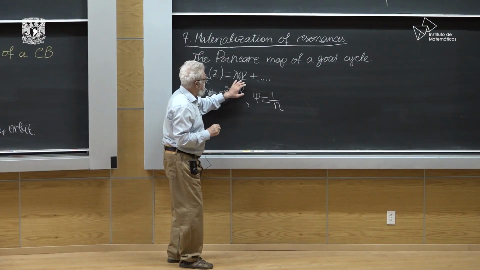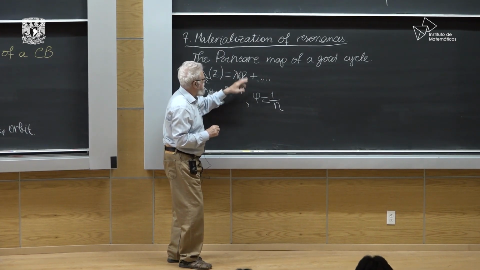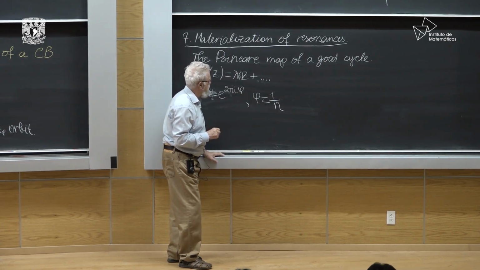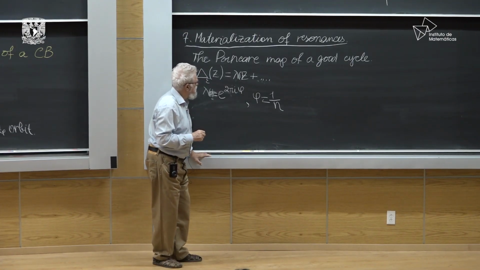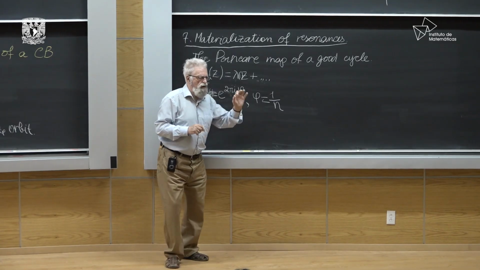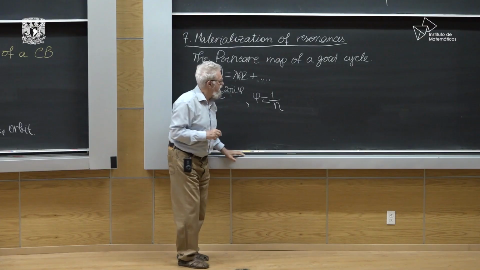In the linear case, for epsilon equal to 0, all the orbits are periodic of period n. In the nonlinear case, for epsilon equal to 0, they are all squeezed to only one point.